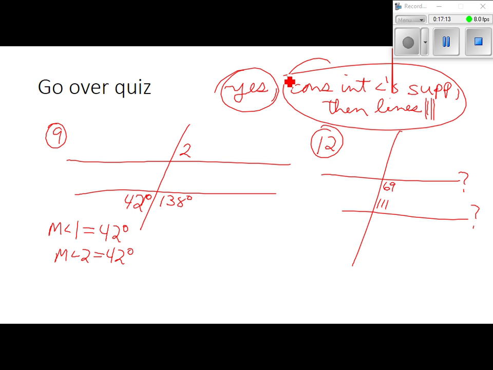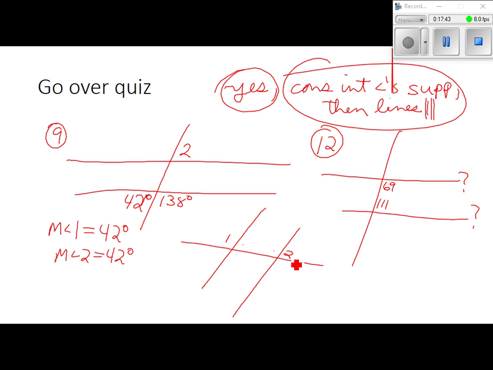Consecutive exterior? No, because they can't be consecutive, they can't be roommates if they're both on the outsides, right? Now, the old book that I taught out of didn't call these consecutive interior. They actually called them same side interior. And if we looked at these two angles right here, could you call those same side exterior?